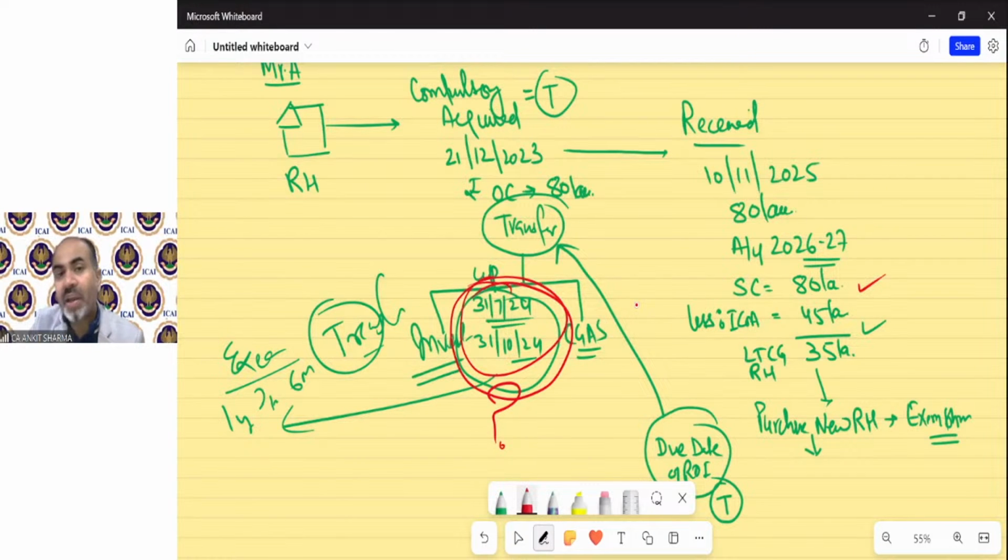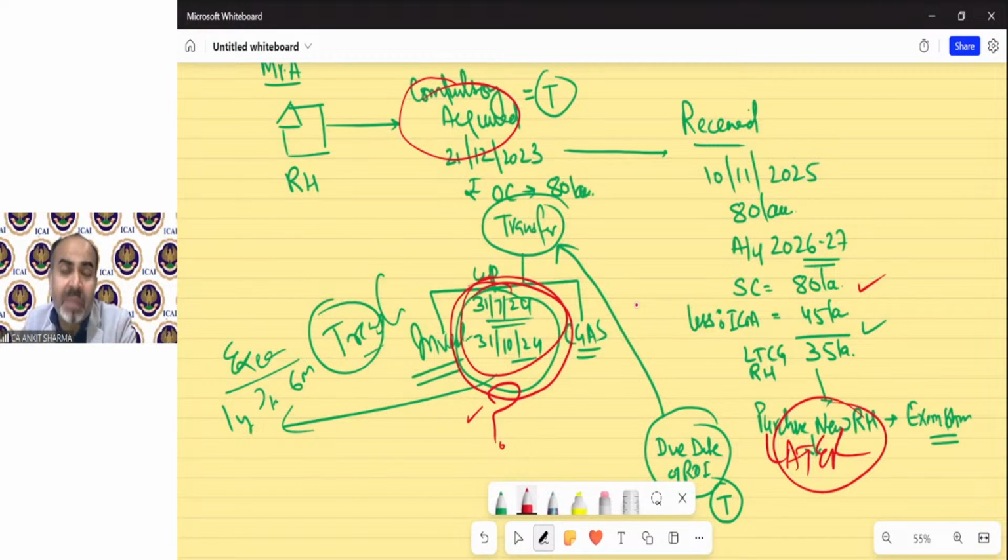So in all cases of compulsory acquisition this problem will arise that technically we will get the money later, and when we try to invest as per the year in which we got the money, the time duration for the purpose of investment which has been prescribed as per exemption provision will always lapse.